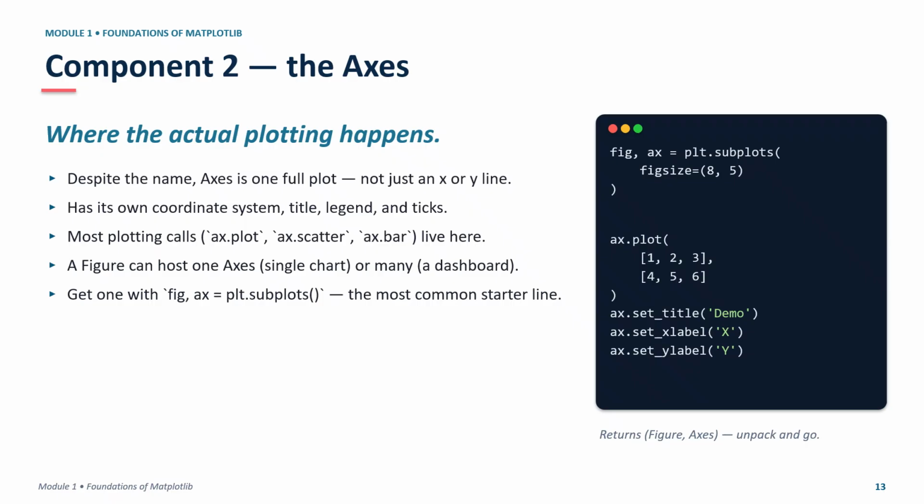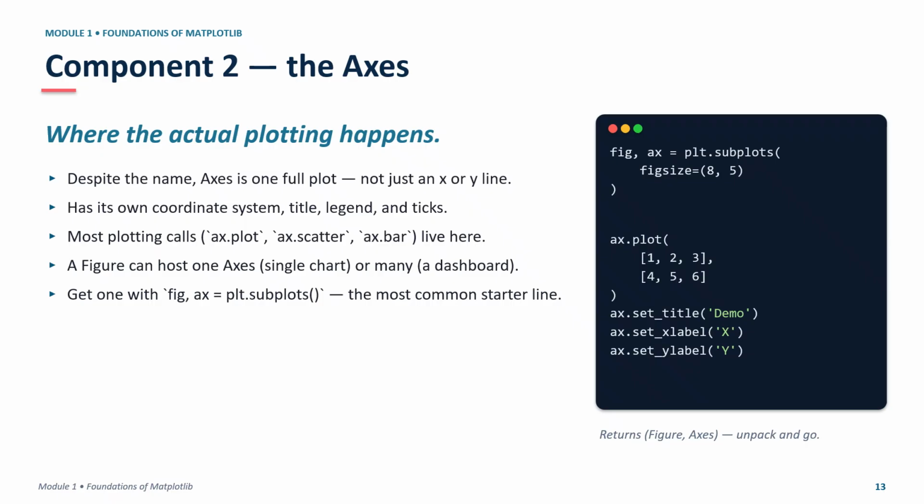The subplots function returns a tuple of figure, axis, and we can unpack it into two variables. So you have ax, and all your plotting goes through it: ax.plot() if you want to make a line chart, ax.scatter() for a scatter plot, ax.bar() for a bar chart, ax.hist() for a histogram.